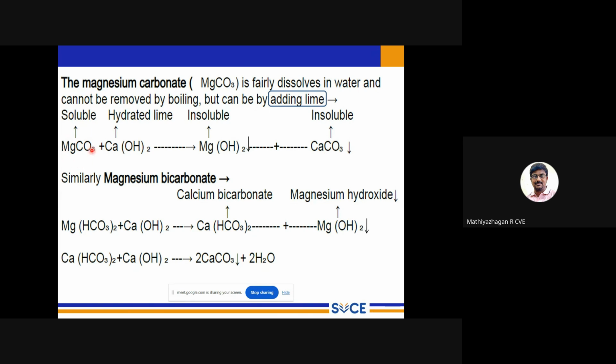Here the magnesium carbonate reacts with the lime, calcium hydroxide, and is converted into a magnesium hydroxide precipitate and a calcium carbonate precipitate. Like that, we can convert magnesium bicarbonate into calcium bicarbonate, and calcium bicarbonate into calcium carbonate precipitate. This is the way we can remove the temporary hardness.